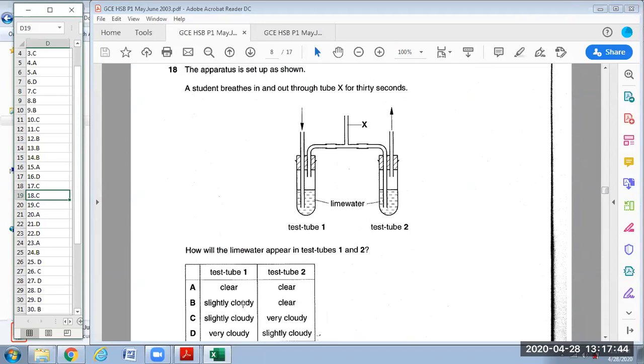A cloudy color does basically prove that carbon dioxide is present in lime water. So the one where the air is leaving will have more carbon dioxide. So slightly cloudy and very cloudy. I know we don't really do multiple choice with these kinds of experiments. But learn that one.